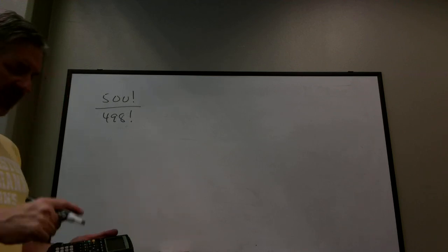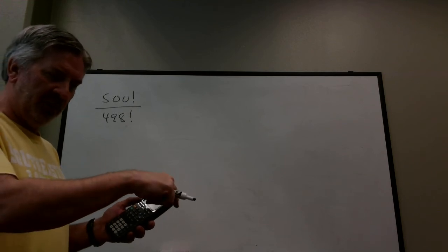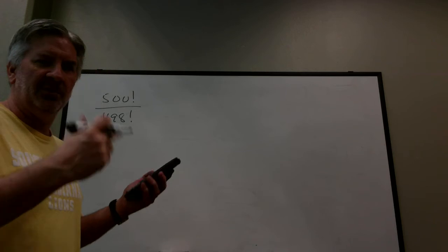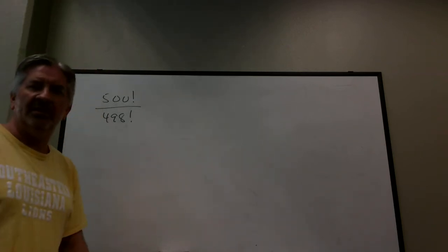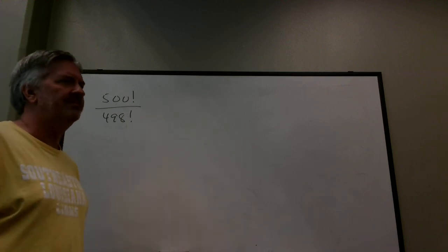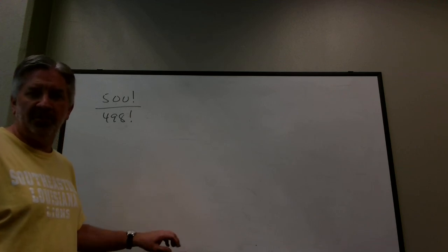You would hit the number 7, go to the math probability menu, hit the factorial, and then hit enter, and it'll give you the answer. The problem is, something like 500 factorial is a huge number. I don't think my calculator will handle it; it'll give me a memory error or storage error or something. In other words, the number's too big.